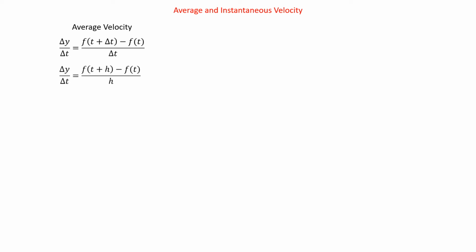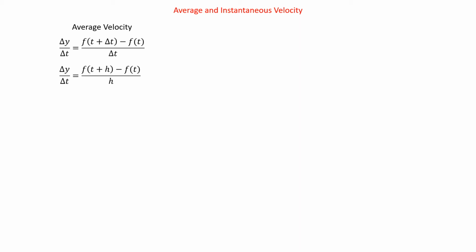Another way that this could be written, as opposed to delta t, a lot of times we write it as an h instead. It just helps to keep the equations just a little bit less daunting. Like one Greek letter out of it helps a bit.